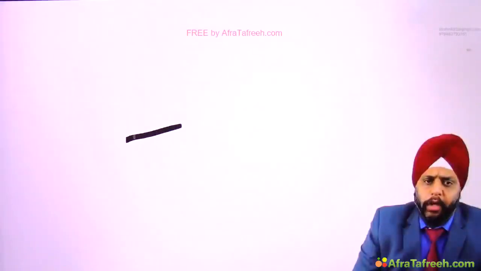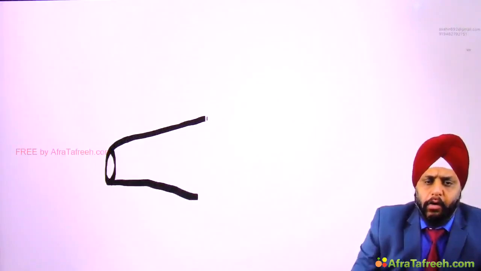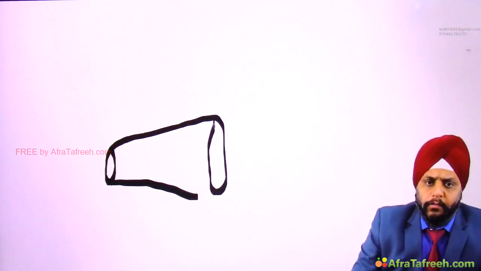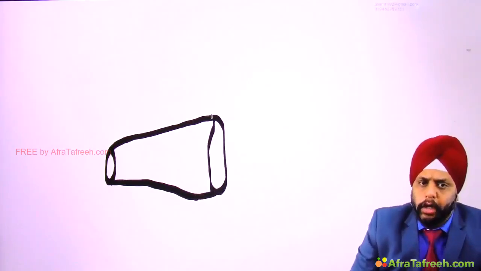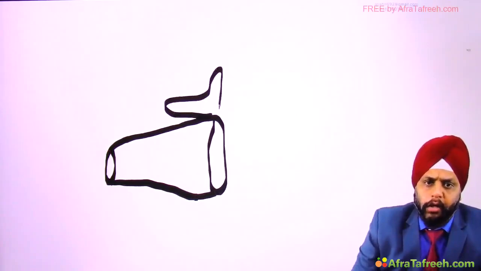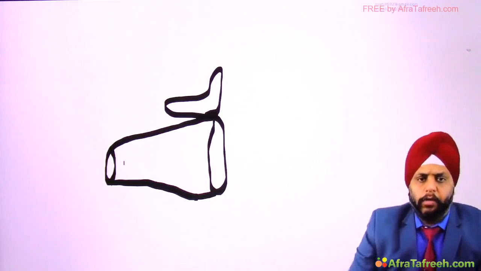I'm drawing this cross section to make you understand that this, you can see, is the cricoid cartilage. On the cricoid cartilage, we have the arytenoid cartilage, right? That we all know.